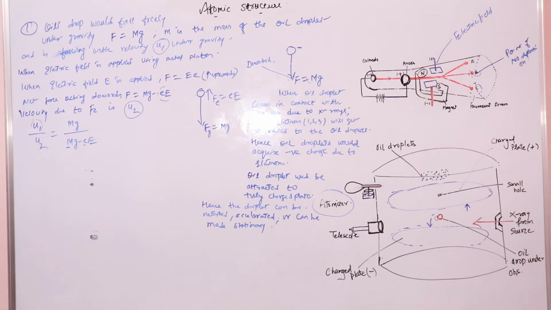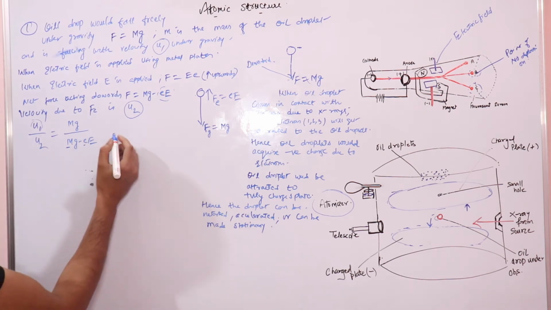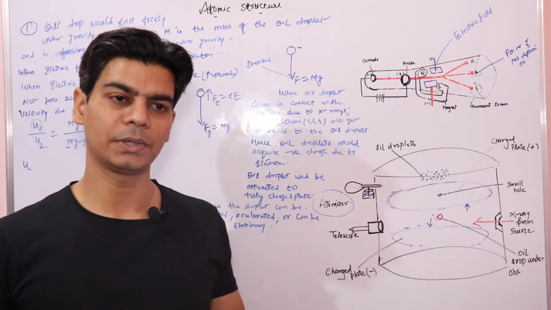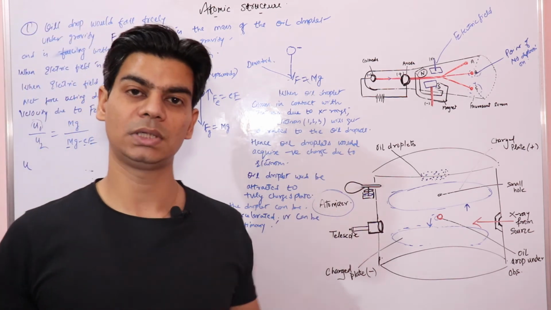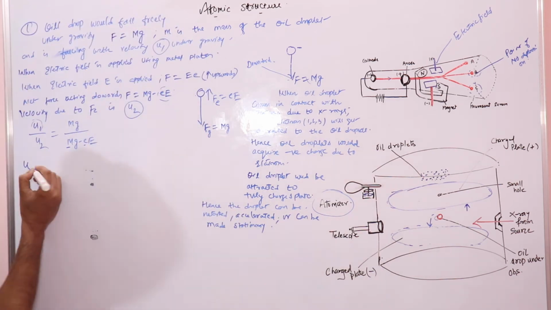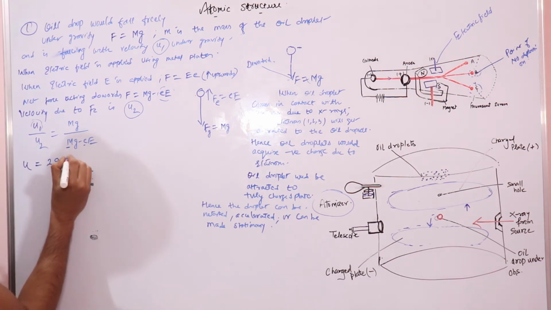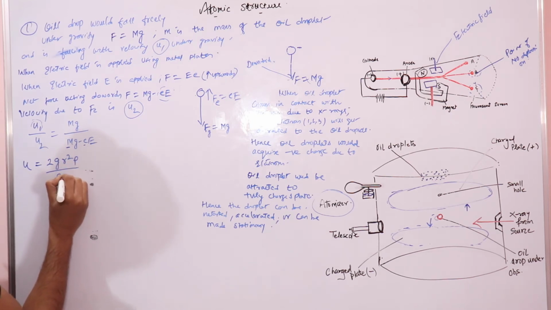Now we have to go back to our concepts of physics in fluids: when a liquid droplet is falling freely under gravity, its velocity is given by Stokes' law, which is u equals 2g r square rho upon 9 eta.